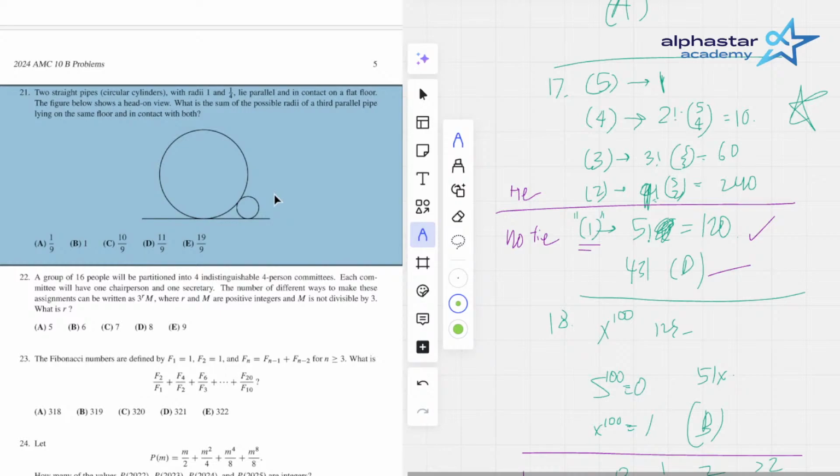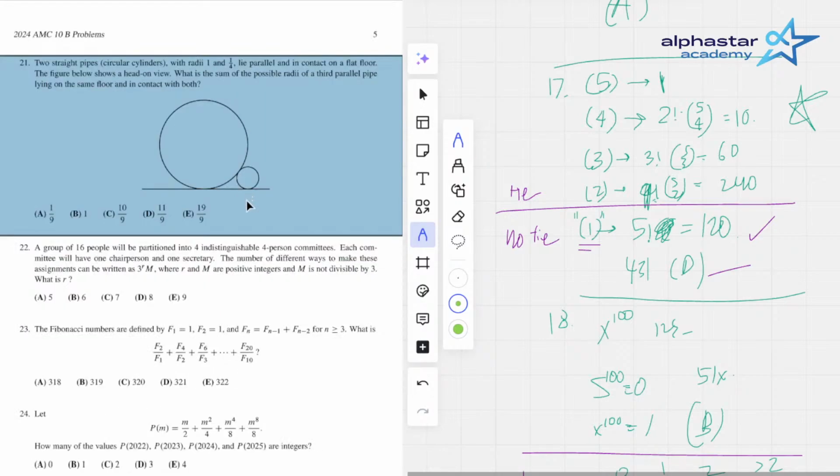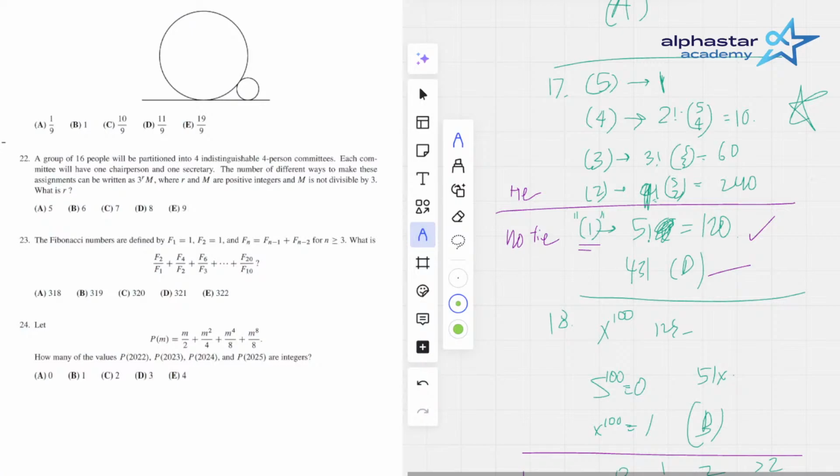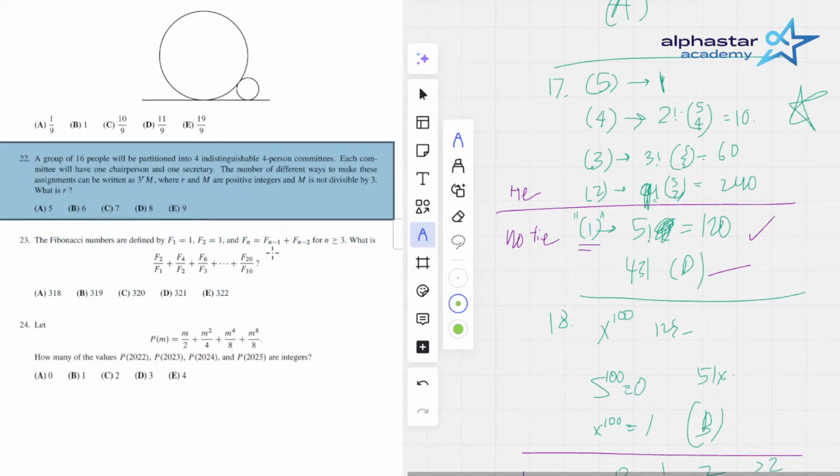If you've done enough circle problems, that's pretty simple. And number 22 is also pretty easy if you're already 90% there by just doing the counting, which is a very simple constructive counting problem. I'm not saying it's easy objectively. I'm saying it's easier than a normal number 22 would be on average, which I was really surprised by.